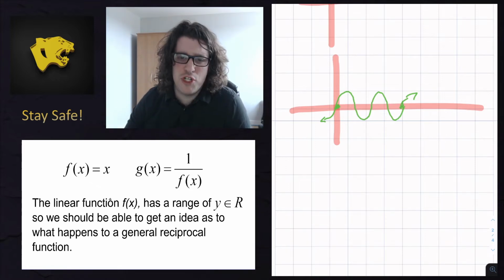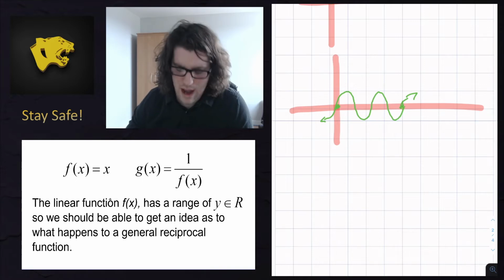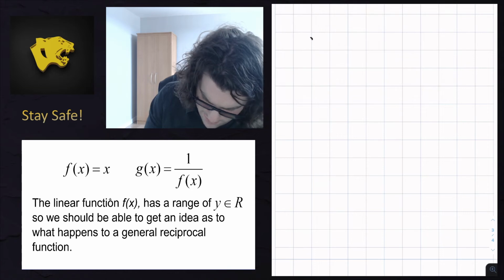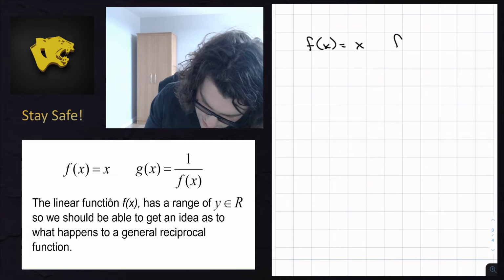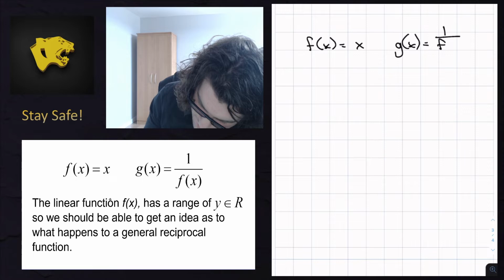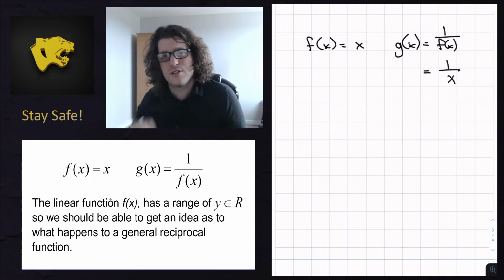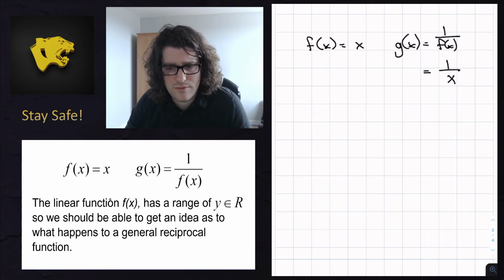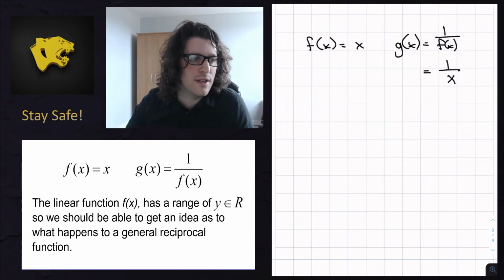If we describe g of x as being 1 over f of x, we have said f of x is equal to x, and g of x is equal to 1 over f of x, but we know f of x is x, so it's 1 over x. This is probably the most plain looking reciprocal function that we'll talk about, and this really plain looking thing is what we're interested in graphing.